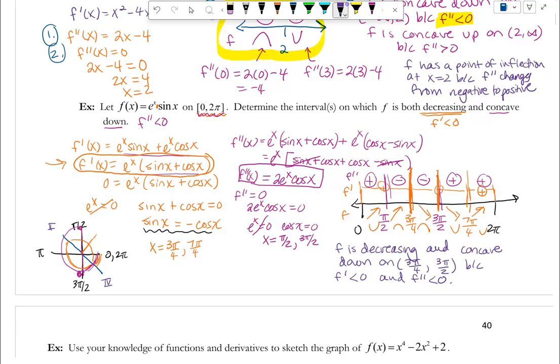Now, it might actually make our answer stronger to assign each reasoning to each fact, to say f is decreasing where f prime is less than 0 and f is concave down where our second derivative is less than 0. This happens on the interval 3 pi over 4 to 3 pi over 2.